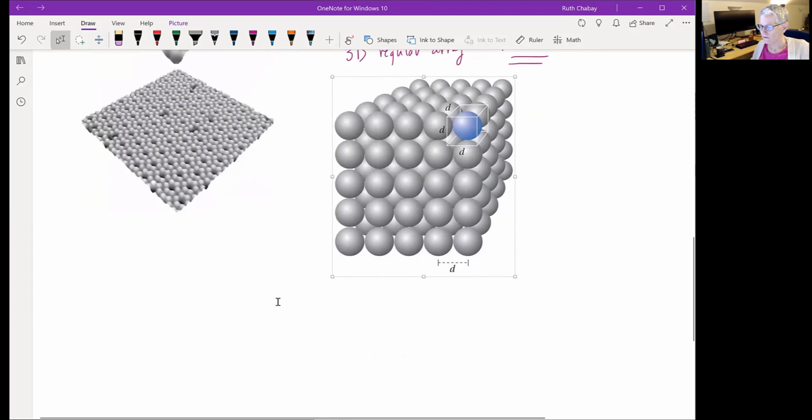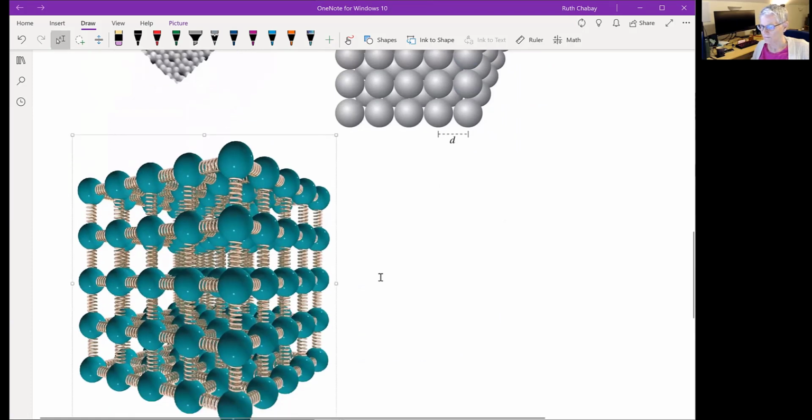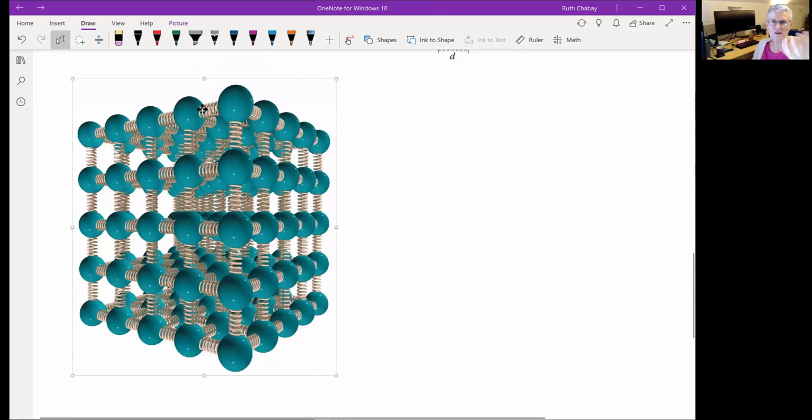Now, these things aren't just sitting there, though. They're actually bonded to each other with chemical bonds. A model that physicists have used very productively for what a solid looks like is that we can consider these massive atoms as little hard balls that are connected to each other by springs.